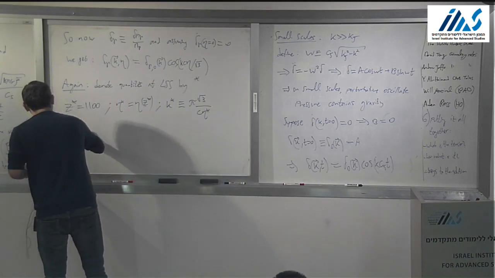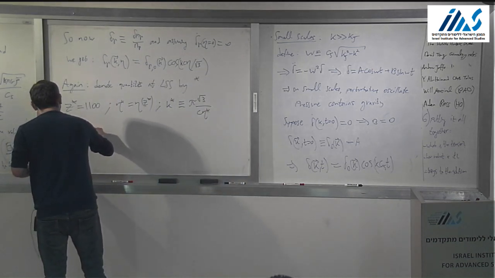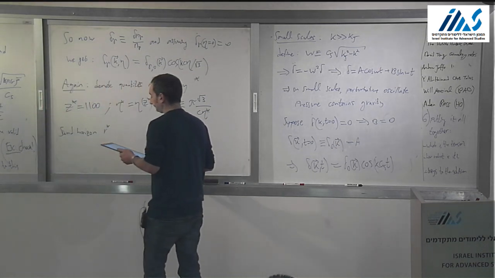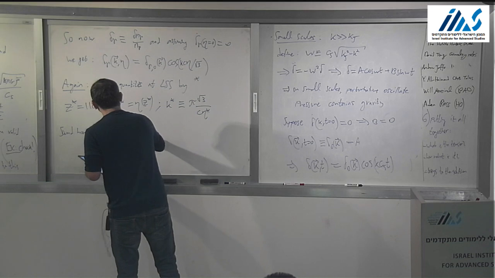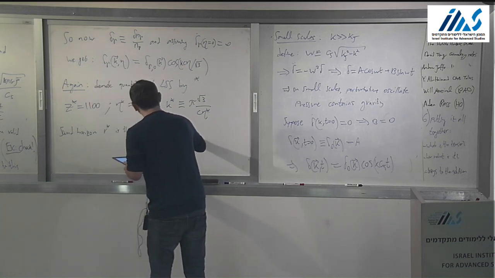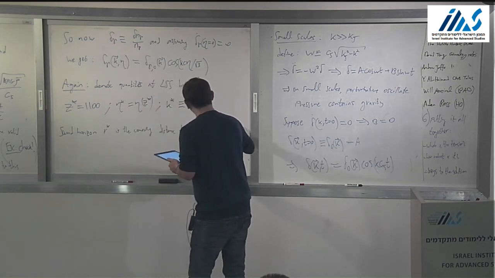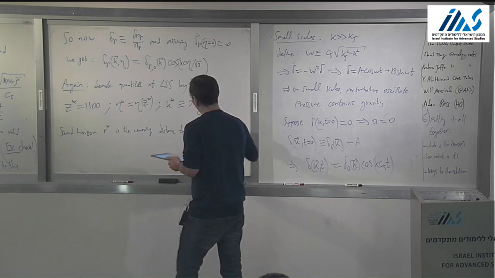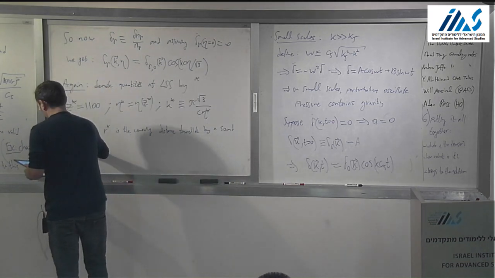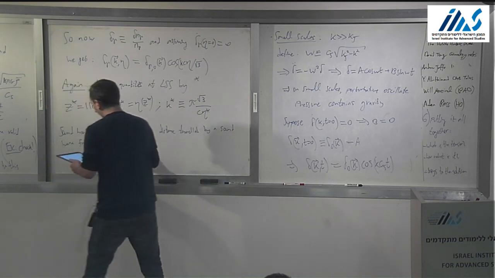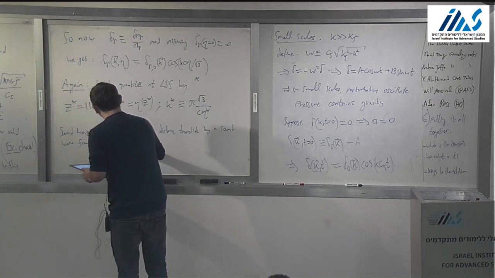The sound horizon, which we saw earlier, r_star, is the co-moving distance traveled by a sound wave from eta equals 0 to decoupling.